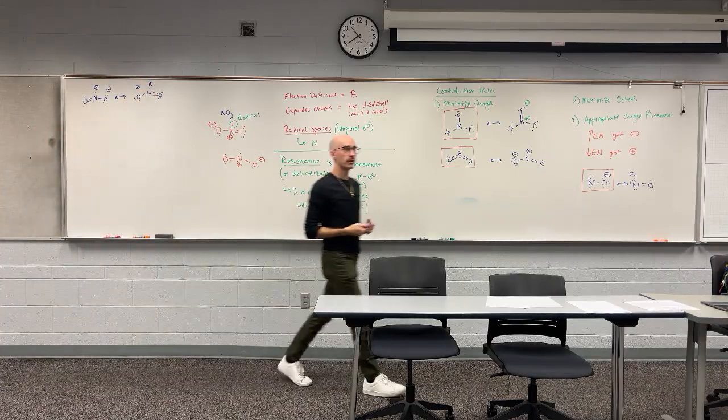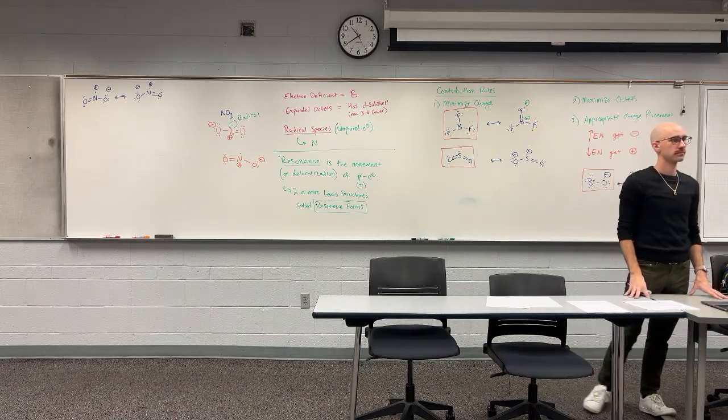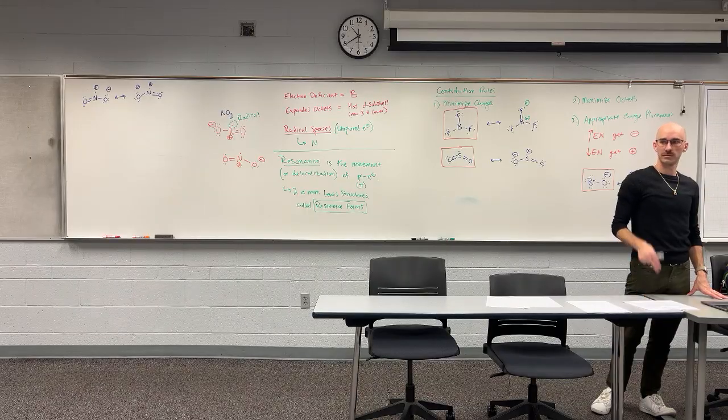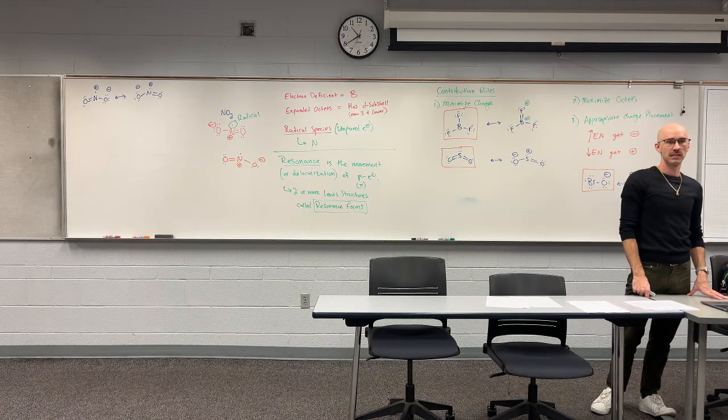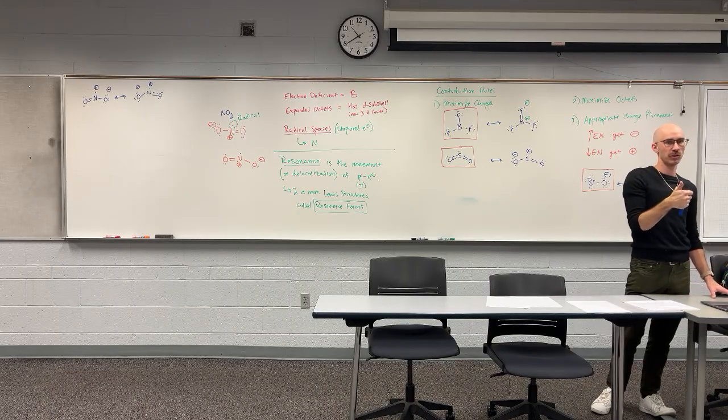Does one form contribute to the molecule more than the other? They're the same, because formal charges are equal in both of them. I can't minimize the formal charges at all.